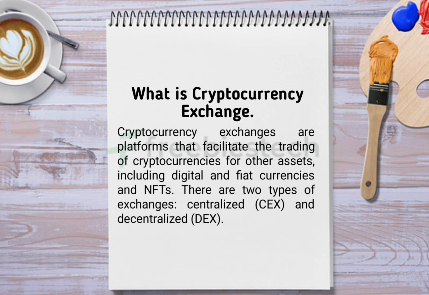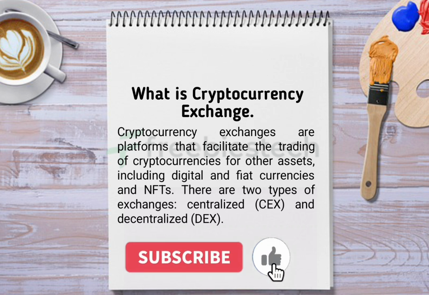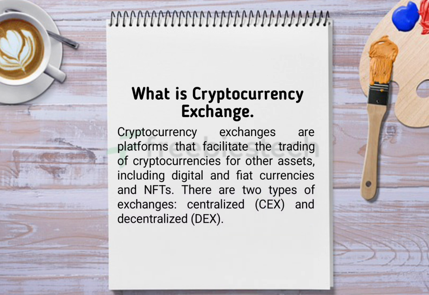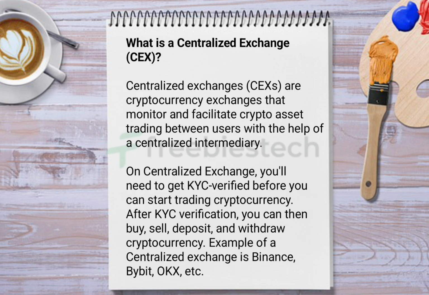What is a cryptocurrency exchange? Cryptocurrency exchanges are platforms that facilitate the trading of cryptocurrencies for other assets, including digital and fiat currencies and NFTs. There are two types of exchanges, centralized and decentralized. What is a centralized exchange? Centralized exchanges are cryptocurrency exchanges that monitor and facilitate crypto asset trading between users with the help of a centralized intermediary.